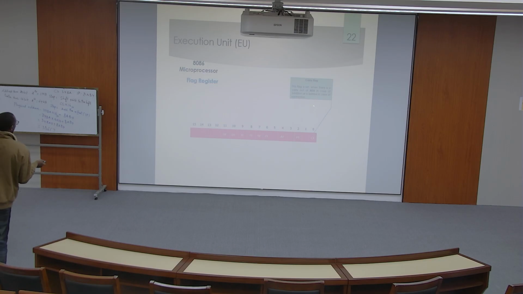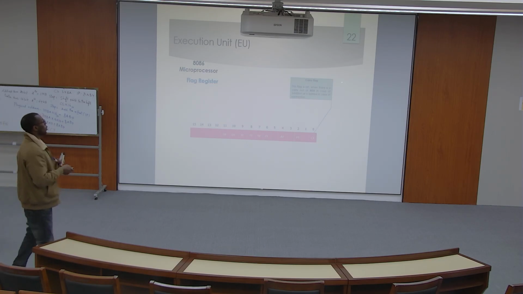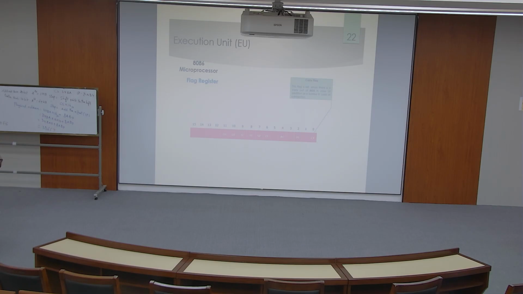This is the carry flag register, which is set when there is a carry out of the most significant bit in the case of addition, or a borrow in the case of subtraction. So these carry flags need to be updated depending on the carry or borrow when it comes to addition or subtraction operations.